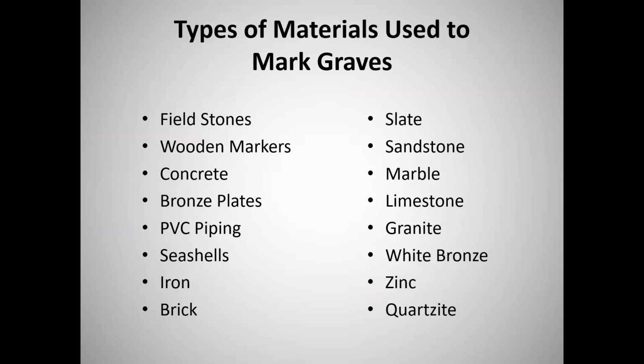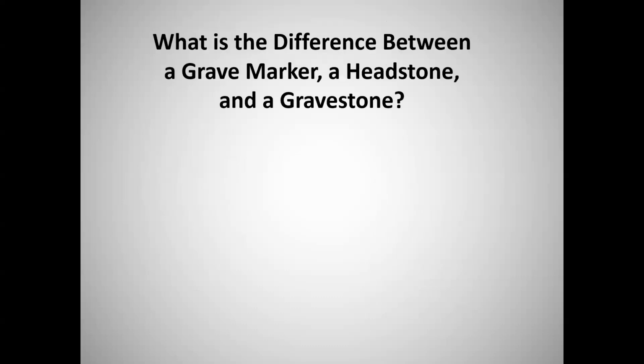I've started to see a lot more of just PVC piping, seashells, iron markers, brick, slate, sandstone, marble, limestone, granite, white bronze, zinc, and quartzite. All the examples I'll be showing are graves that I have photographed in the state of Georgia.